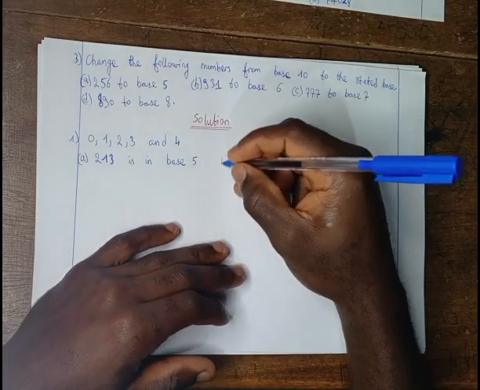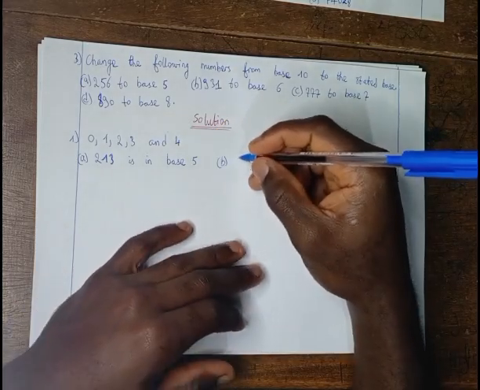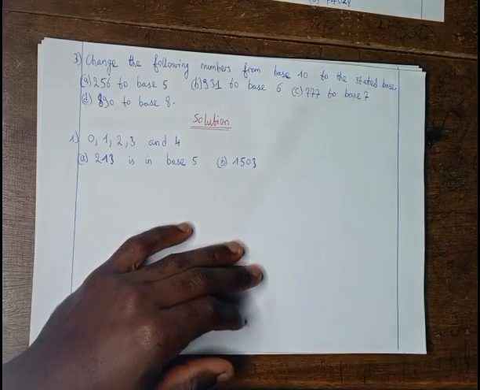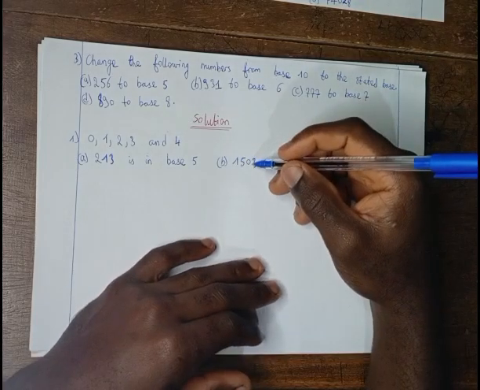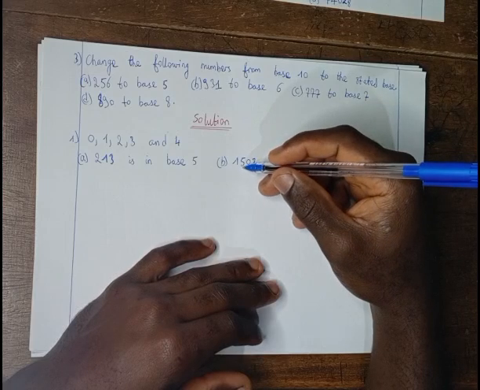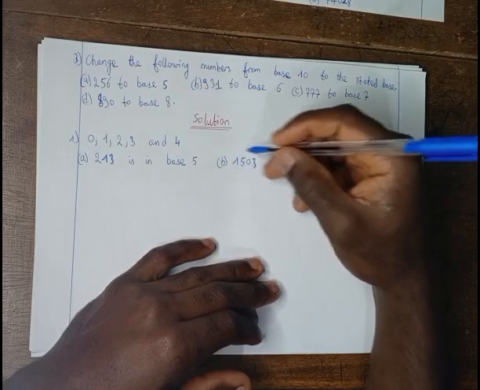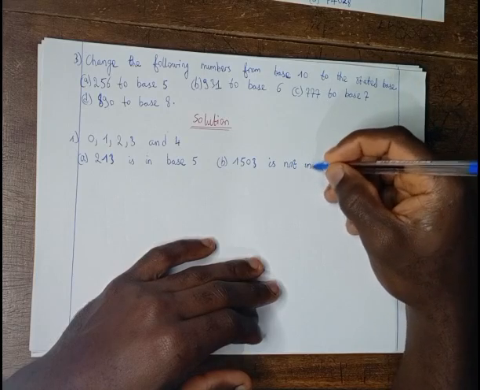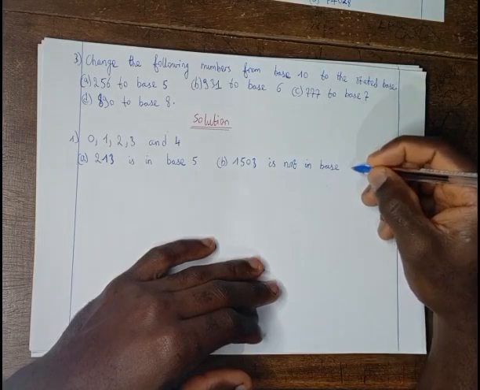For B, we have the number 1503. Here we already have a digit which is greater than or equal to 5. Therefore, this number is not in base 5.